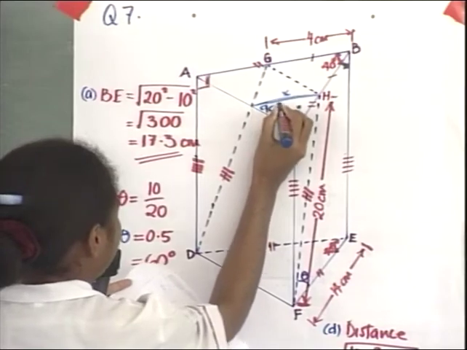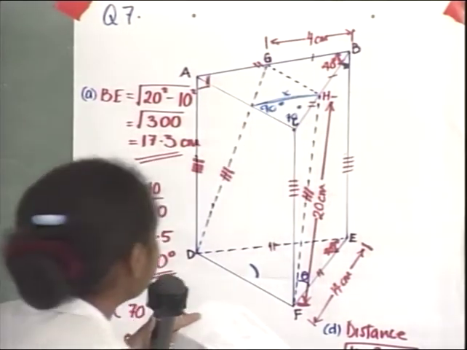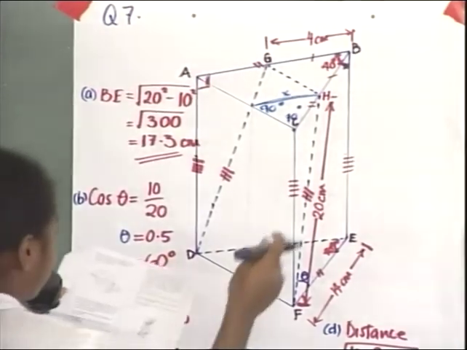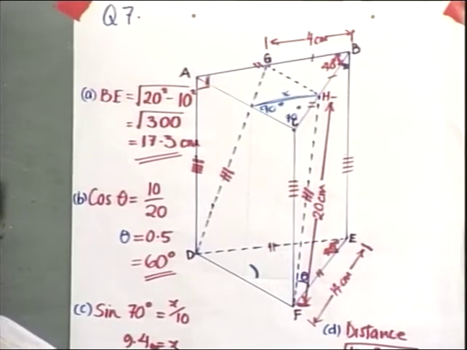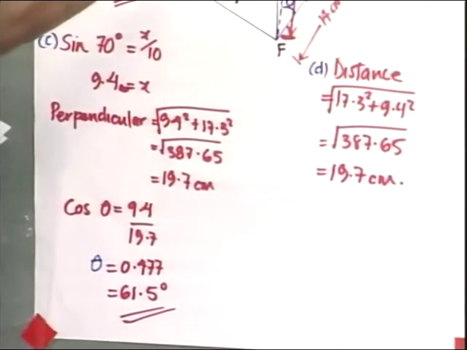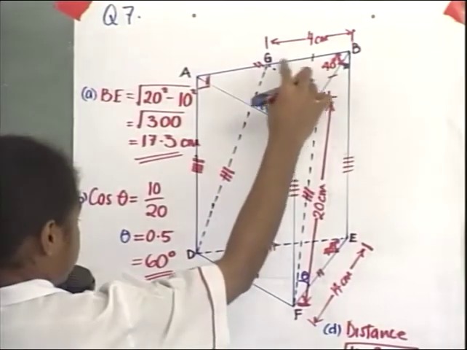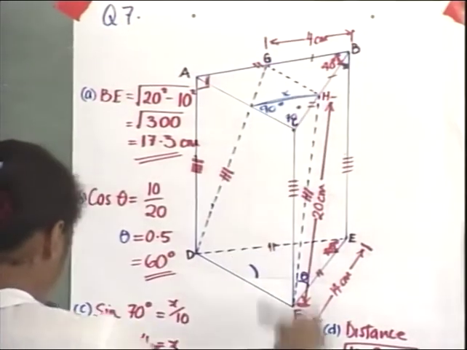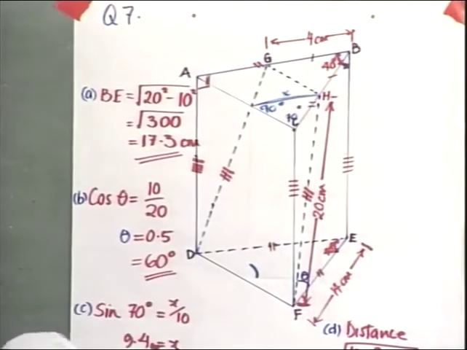Sorry, our diagram's not really that good, but anyway, this is 90 degrees. Then we use the sine ratio: sine 70 degrees is equal to x on 10, which is 14 minus 4, so x should be equal to 9.4 centimeters.